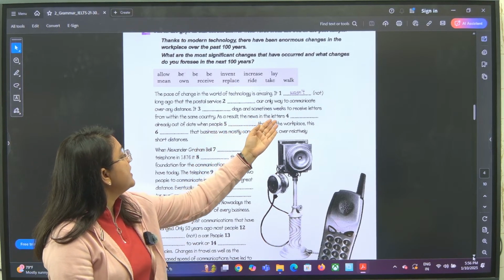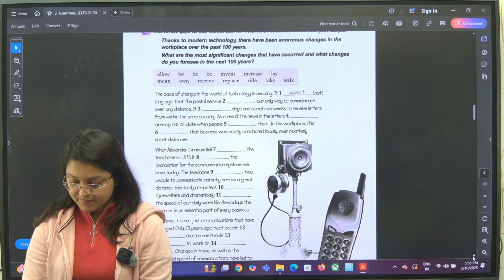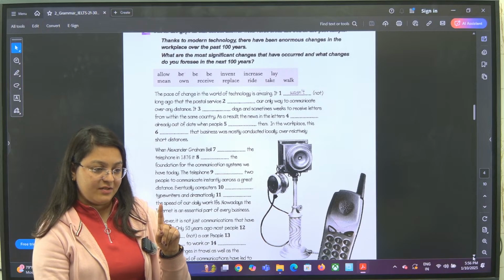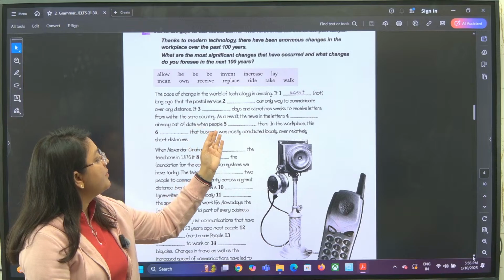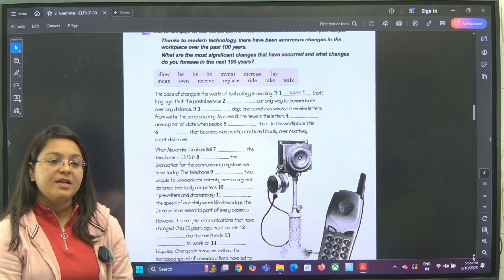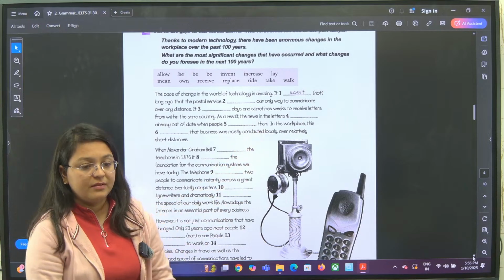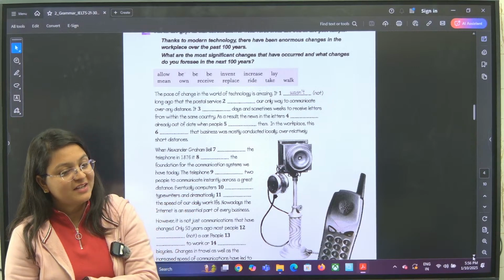As a result, the news in the letters dash already out of date. News is a single entity. So news was already out of date when people received them. Correct. We are talking about news. We are not talking about letters.